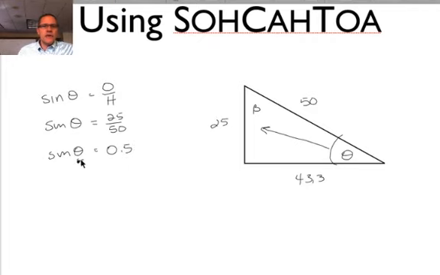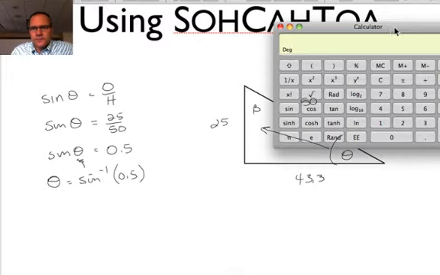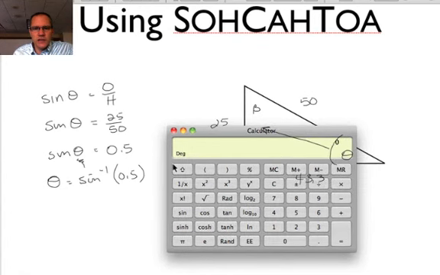But we want to know what the angle itself is, not the sine of the angle. So to find the angle, you use the inverse function. You do that by saying that theta is equal to the sine minus 1 of 0.5. On your calculator, you'll use the second function. If we pull up a calculator, you can see that there's a second function.